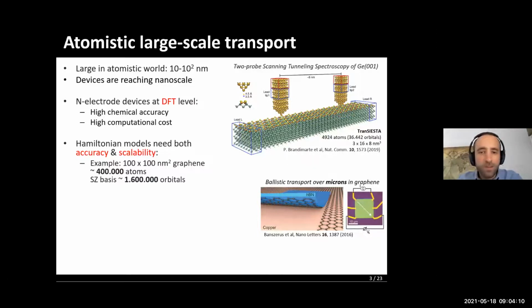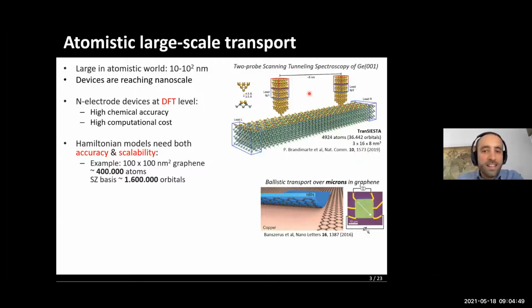In this figure, for example, that you see right here, let me activate the laser pointer here. So this figure is just an example that I like a lot of a very large SIESTA simulation made by Pedro Brandimarte, who used to work at the ICN2, which is a 4-electrode SIESTA simulation, quite big, because as you can see here, the supercell is around 3 × 16 × 8 nanometer cube, and it's made up of around 36,000 orbitals.